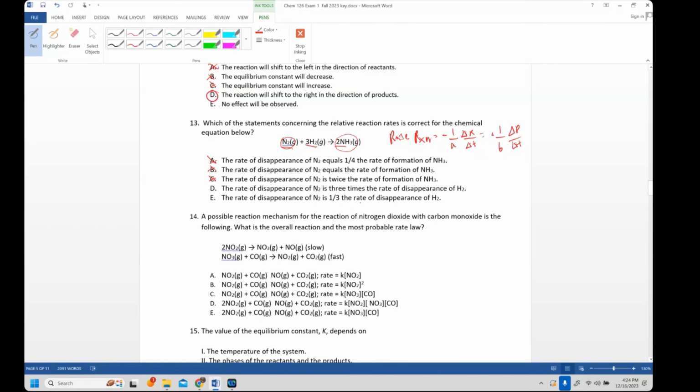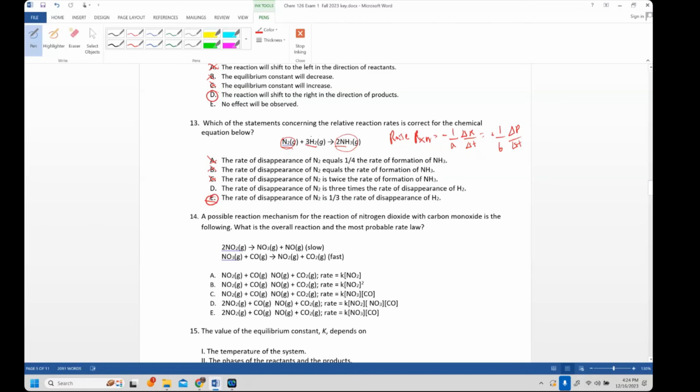So E will be right. The rate of disappearance of N2 is 1/3 the rate of disappearance of H2. So I'm thinking about that for a second. Wait, for every 1 mole of N2, 3 moles of H2.